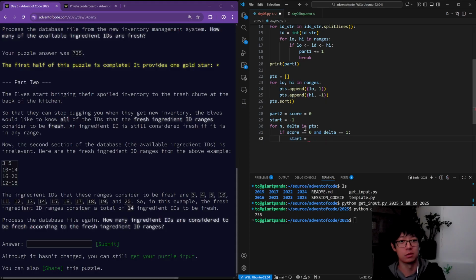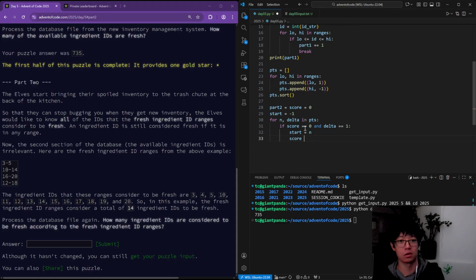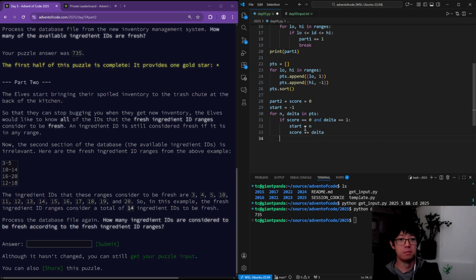Start equals n, and score plus equals, well, delta. Well, no, maybe we just put this at the end. Make sure this always runs. Okay. Else if score equals 1, delta -1, that means we're ending the range.